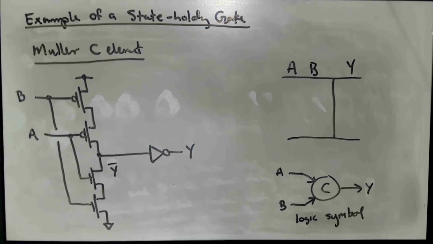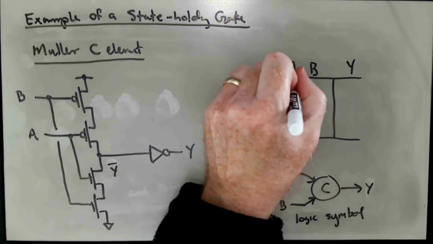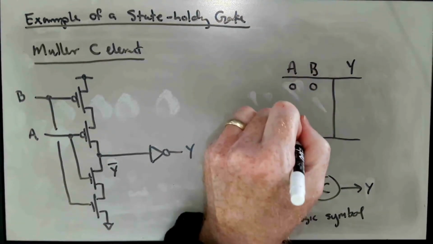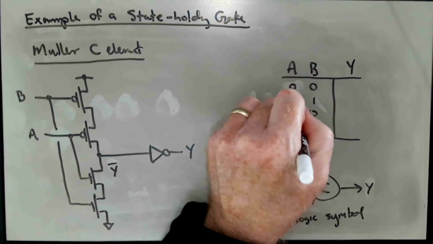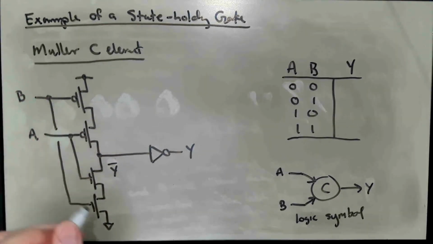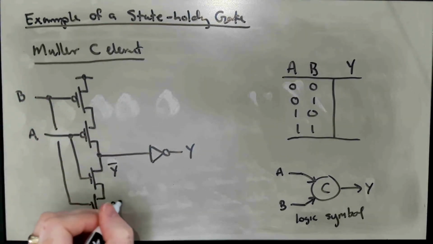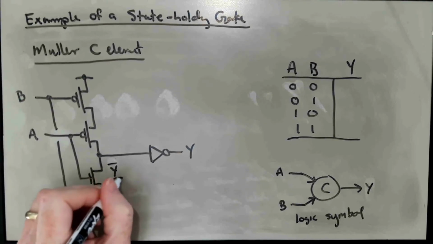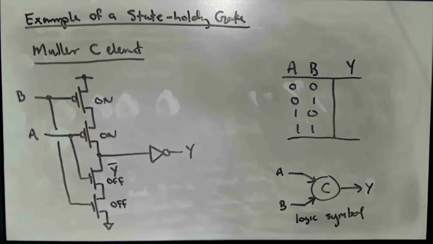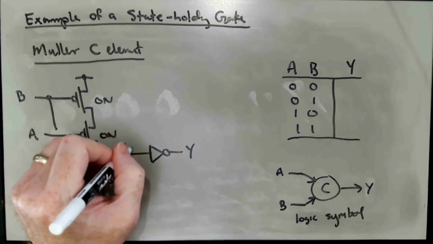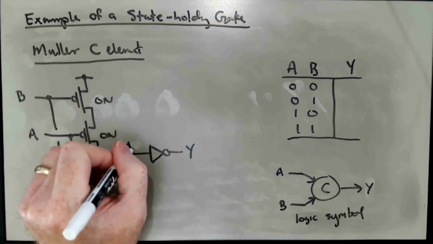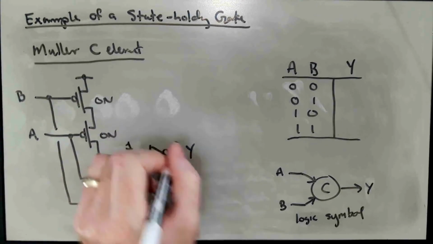And so when A and B are both low, the four possible states of the input are 0, 0, 0, 1, 1, 0, 1, 1. So in the 0, 0 case, both of these transistors are off, but both of these transistors are on. So that means that this is up at VDD, or this is a 1, right? And so Y will be a 0.